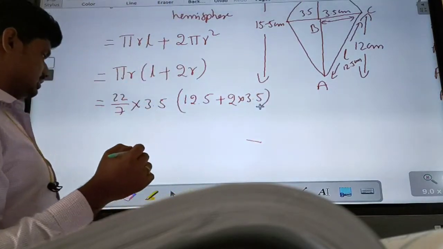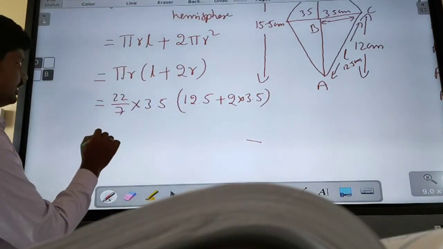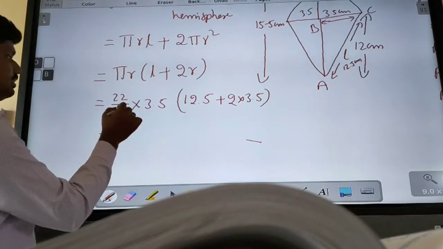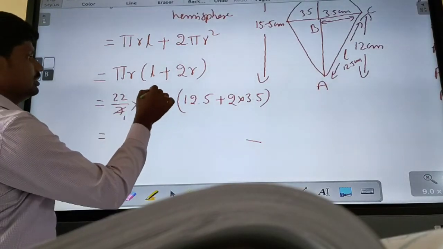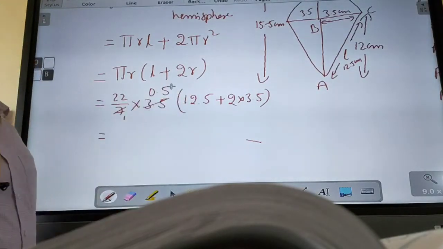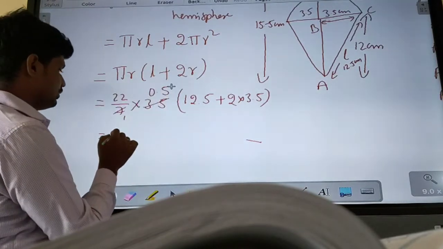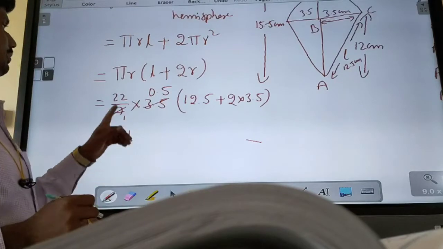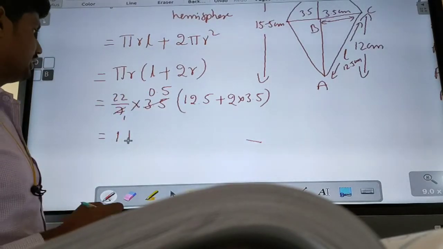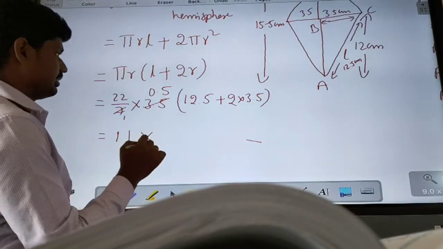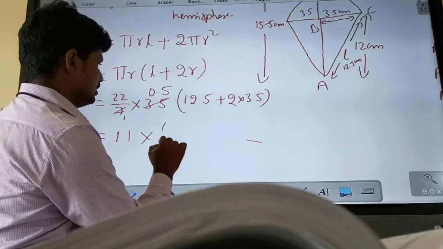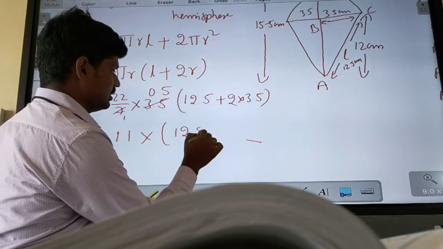Solve, children. 22/7 into 3.5: 7 tables should divide. 7 ones are 7, 7 times 0.5 is 3.5. Now multiply: 22 into 0.5 is 11. So the product is 11 into the bracket. Solve inside the bracket, children. 12.5 stays as it is.